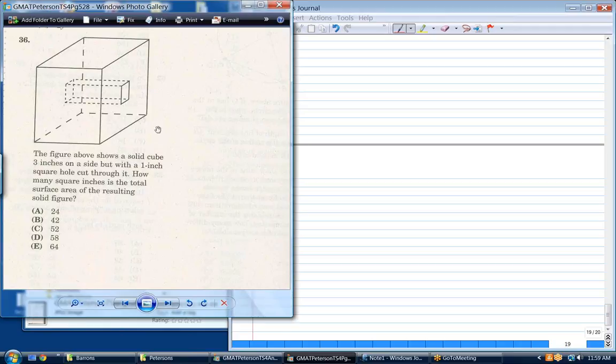You would have to find the surface area of both. We would have to find the surface area of the cube, and there's two sides that have a missing part. In other words, this side here, you're going to have to subtract out 1 square inch from that one and this one.